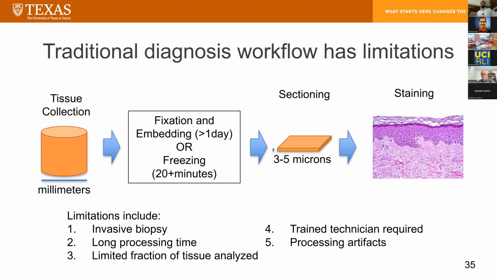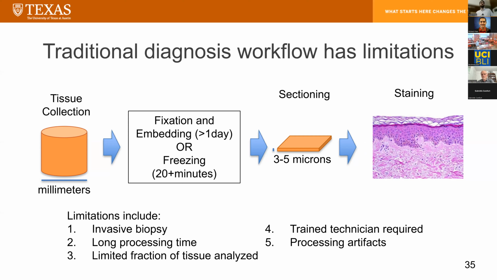So we know that traditional histology workflows have several limitations. These are very well known, including the invasiveness of the biopsy, which can be painful, can cause bleeding, and require sutures or anesthesia. Additionally, the time to process the tissue is very long.